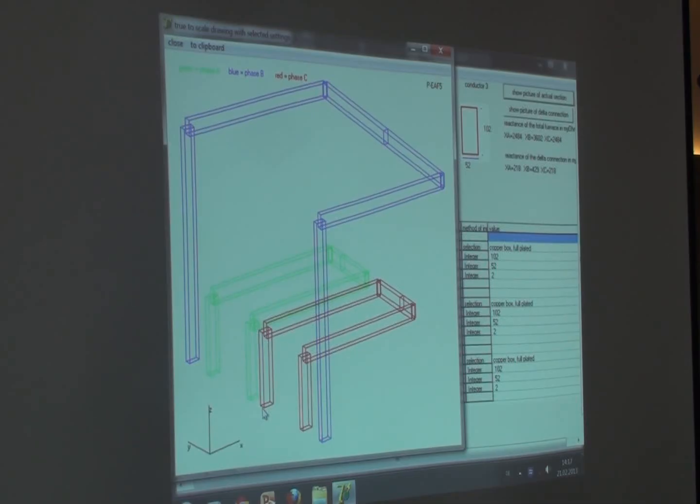And if you don't have an additional reactor on the primary, then you can get very much trouble.